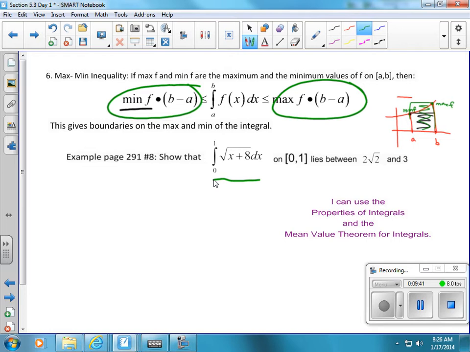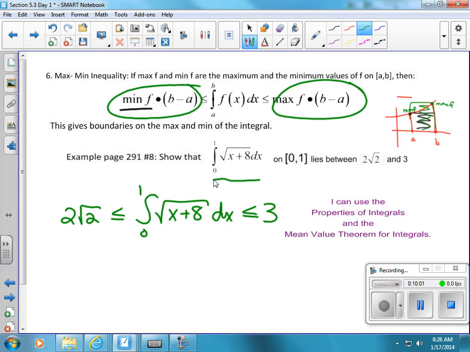So what we want to show is that 2 square roots of 2 is our minimum area, and that this integral, let's write down what they've asked us. This is what they want us to show. Between 0 and 1, this integral lies between those two values.